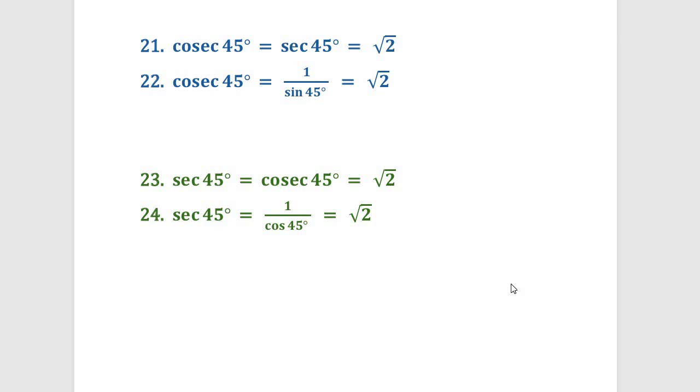Formula number 22, cosec 45 degree equals 1 by sin 45 degree equals square root of 2. Formula 23, sec 45 degree equals cosec 45 degree equals square root of 2. Sec 45 degree equals 1 by cos 45 degree equals square root of 2.